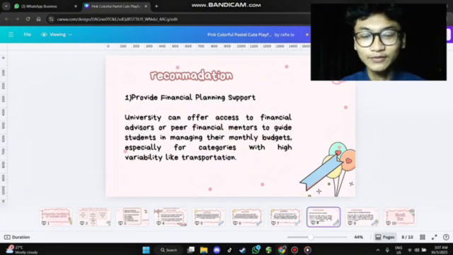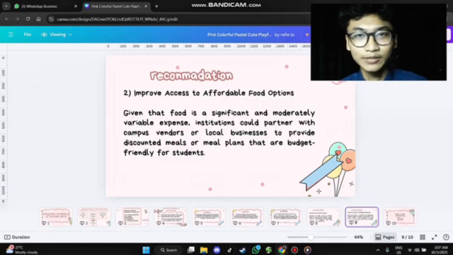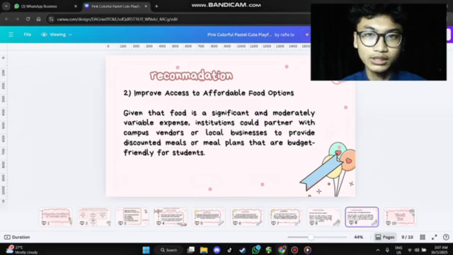The second one is to improve access to affordable food options. Given that food is a significant and moderately variable expense, institutions could partner with campus vendors or local businesses to provide discounted meals or meal plans that are budget friendly for students.